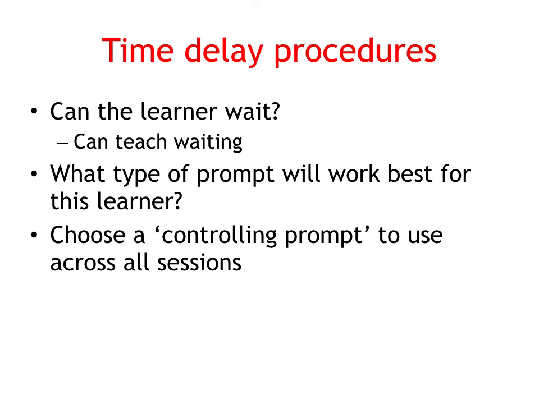And controlling prompts vary across people because I may understand your verbal prompts, but a student may not understand verbal prompts if the student has hearing impairments, right? So controlling prompts are different across people. You have to figure out what the controlling prompt is for your specific student.